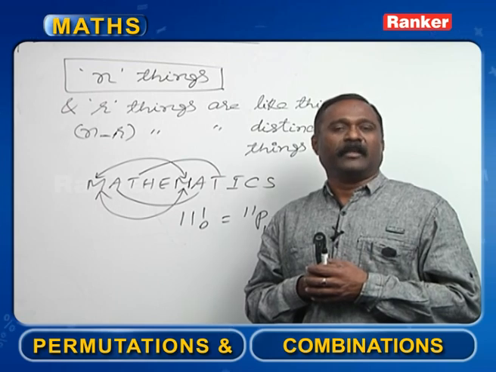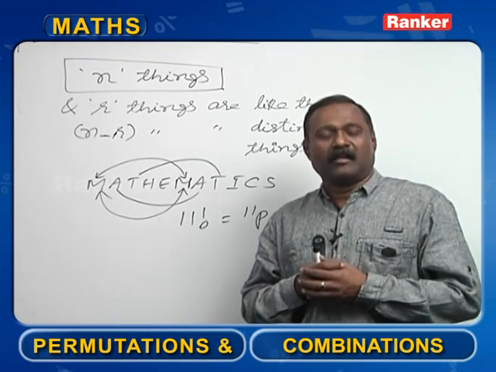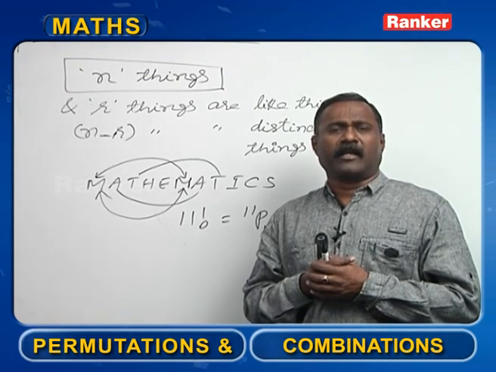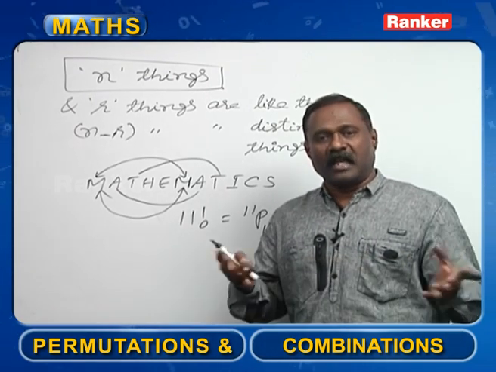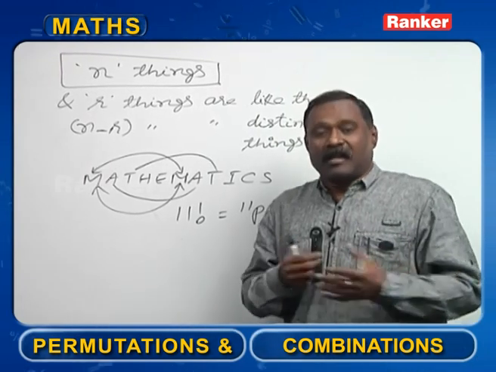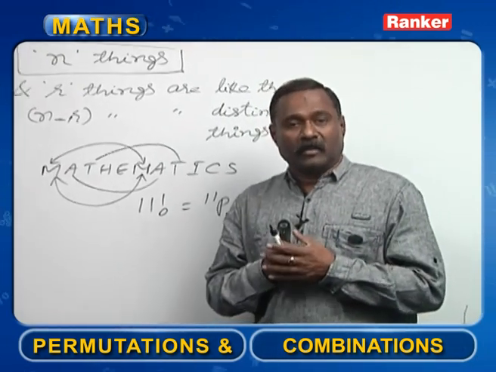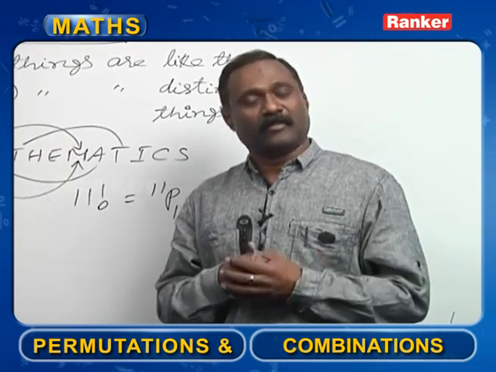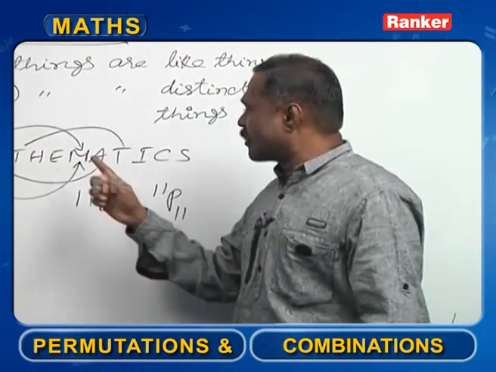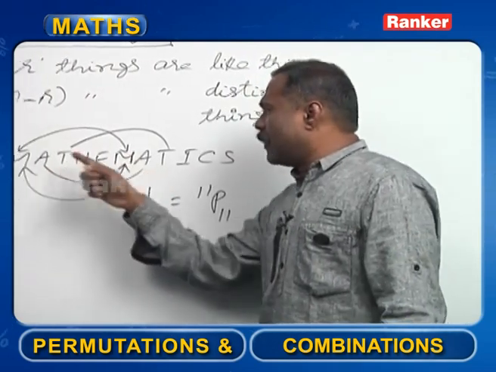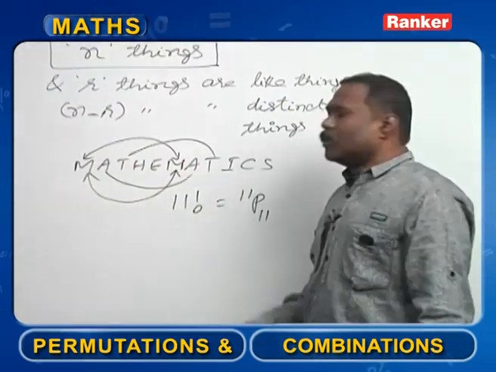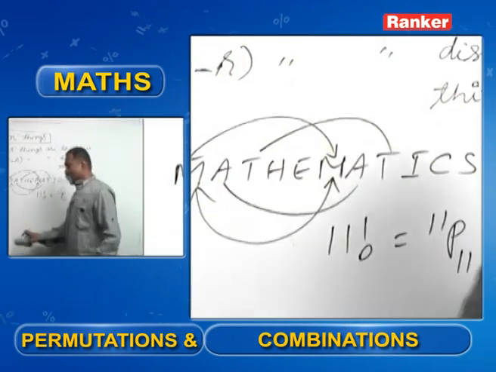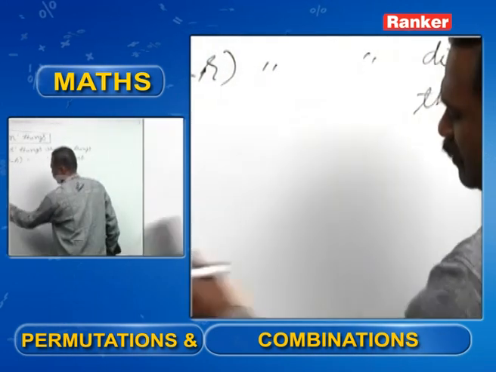Whatever is created by humans, some are like and some are distinct. So whenever repeated things or like things are there, you have to count their number and divide by their factorial.